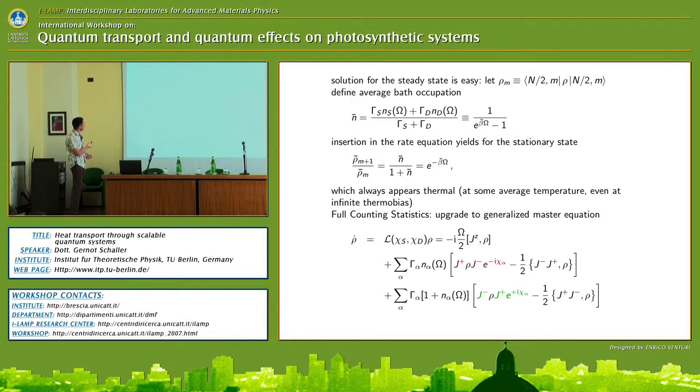And this is because you only have a single transition frequency. If you would have multiple ones, then that wouldn't go through as simply as it does. So you have a simple thermal state, even though you may couple to reservoirs that are completely out of equilibrium, right? I mean, they are on themselves in thermal equilibrium, but they have different temperatures.